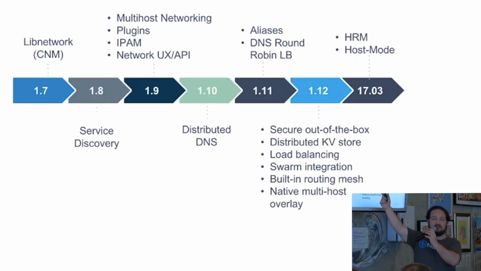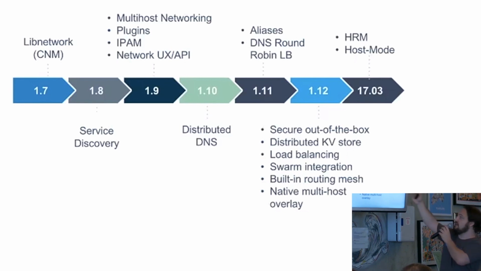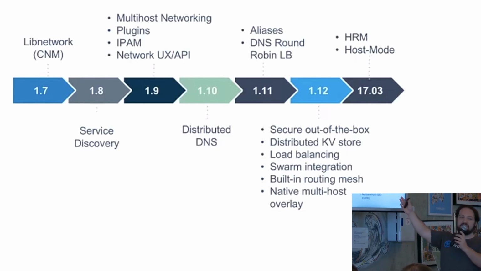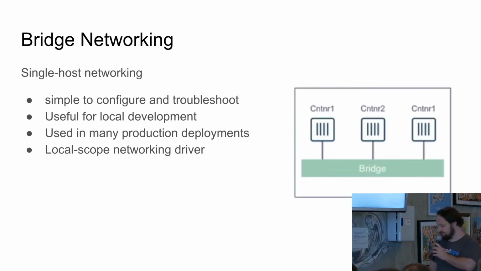Then they added a network that will span multiple hosts, the ability to add external plugins, the ability to manage IP addresses and all of that, IPAM. And they have been adding more and more features to the networking stack of Docker since then. So let's explain the basics.